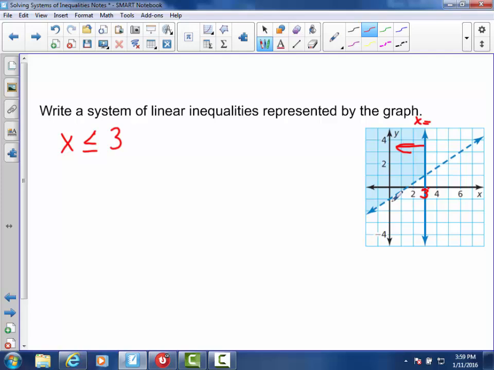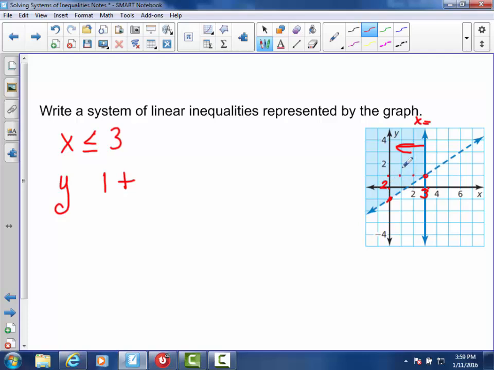All right, then this is a diagonal line. It's got a slant to it. I know it's going to be a y line. We go to the y-axis, and it is going through at positive 1. So we began at 1, and we're moving up and to the right. So it's a positive move up, and we're moving up 1, 2, and then over 1, 2, 3.